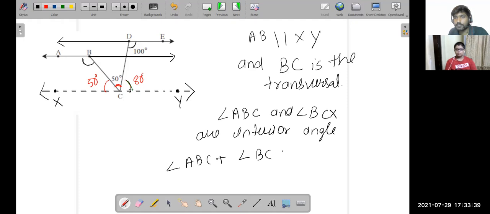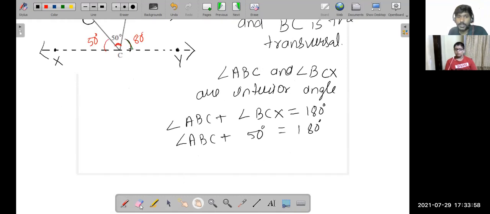Since the lines are parallel to each other, we know that interior angles, if you add them, give 180 degrees. That is supplementary. Angle ABC, we don't know, we have to find it out. Angle BCX, we just found out, is 50 degrees. So angle ABC plus 50 equals 180. Taking 50 to the other side, angle ABC is equal to 180 degrees minus 50.